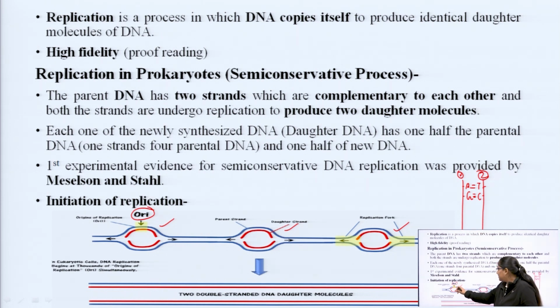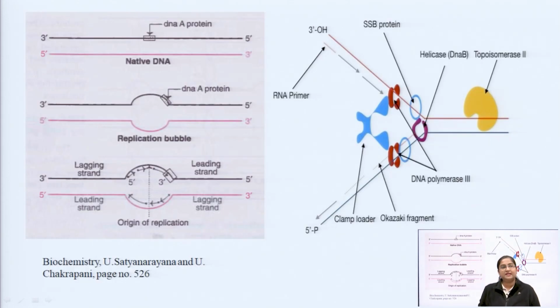If you are seeing the red lines inside, those red lines are the newly forming daughter DNA. The blue lines are your parent DNA, and the red lines inside those parent DNA are your newly formed daughter DNA, which are in the process of forming. That means the process is just initiating.